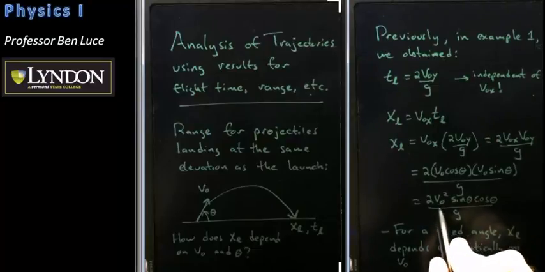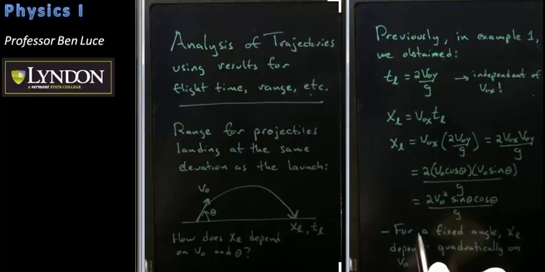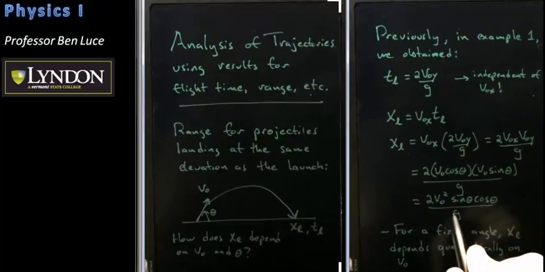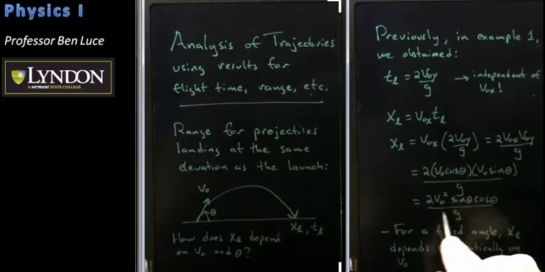That is, if we, for example, doubled the initial speed, we'll actually quadruple the range. The projectile will fly 4 times as far with just double the speed. Now this might seem a little puzzling, but let's consider why that's the case.